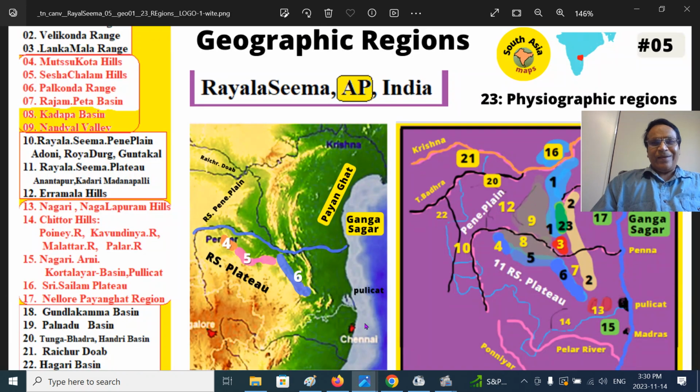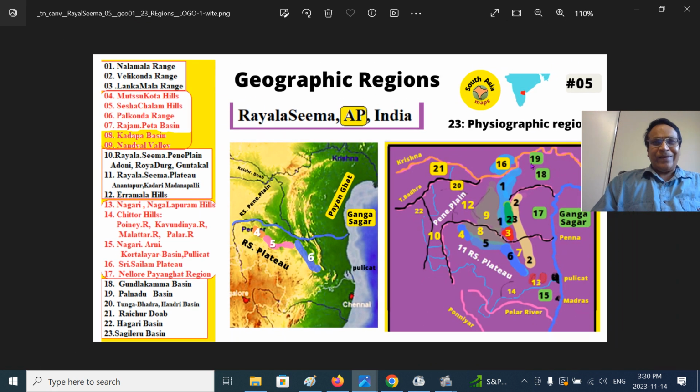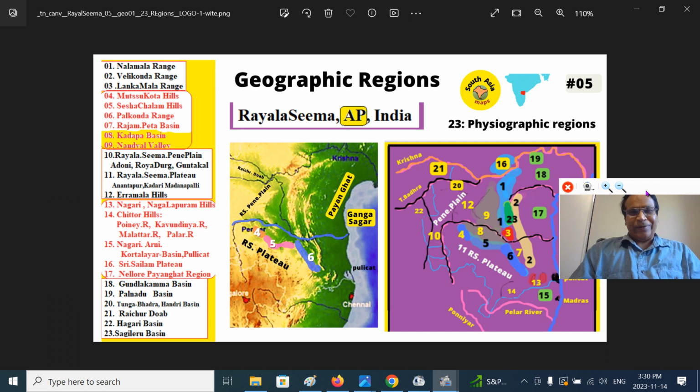This is the part we are talking today to give a broader, deeper perspective. And how does this entire thing fit in? And I looked at, in part 5 of RayalaSeema series, I discerned around about 23 or so major broader geographic regions, physiographic regions that will be of interest for any person who wants to know this region anywhere if you live in Bharat.